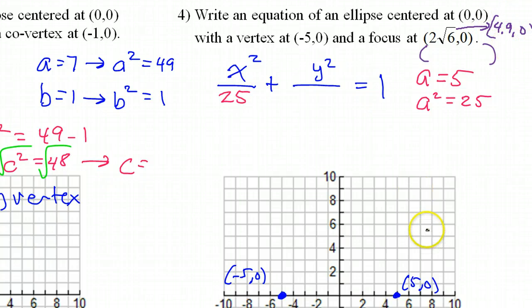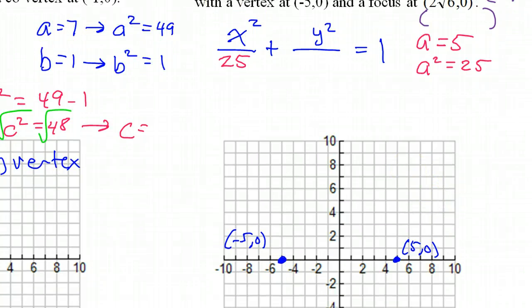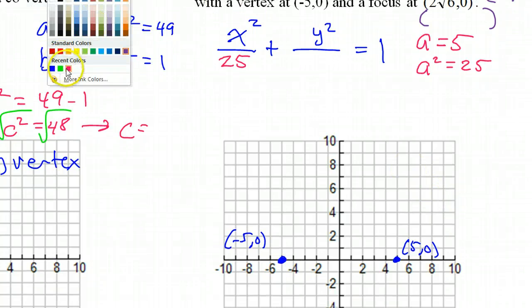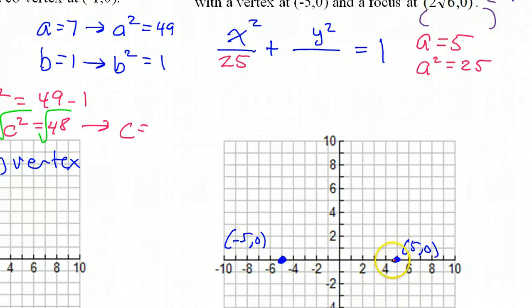Okay, so I have a focus at 4.9 comma 0. All right, 4.9 is like here, okay? And that means that there'll be another one at -4.9 comma 0. So that's like right there.